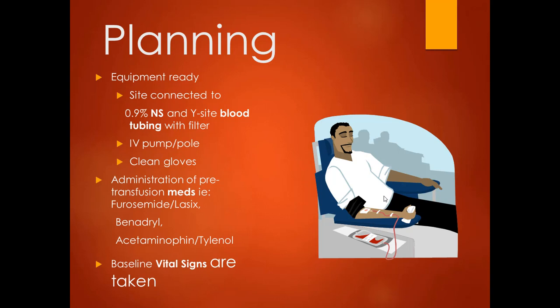I will tell you one thing that I do, and I know it's not really in the book: start your blood and run it through the pump really fast, right until it reaches the patient, and then slow it down to maybe 100 for the first 15 minutes.